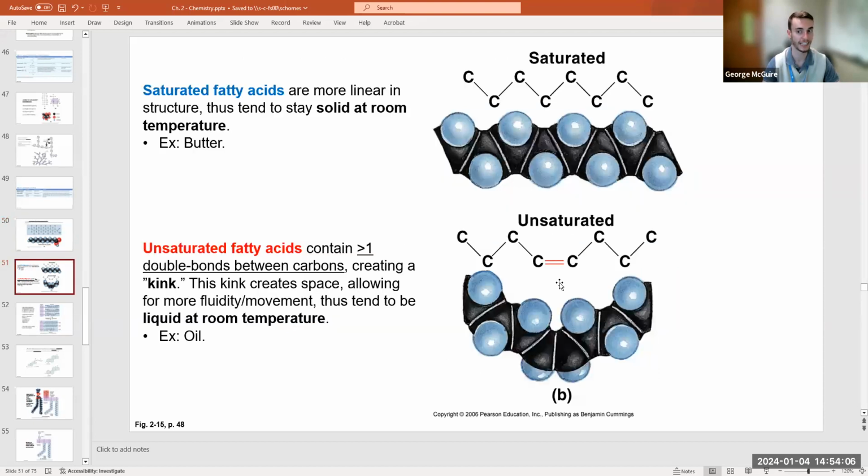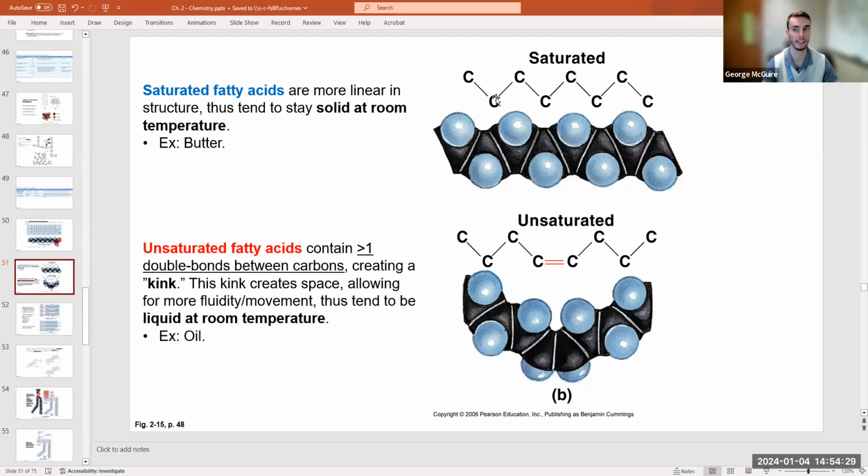Comparing this to an unsaturated fatty acid, which would have at least 1 double bond between carbons, thus removing the available number of bonds for hydrogen, essentially. So I think it's easiest to simply focus on this double bond when keeping these 2 terms straight.